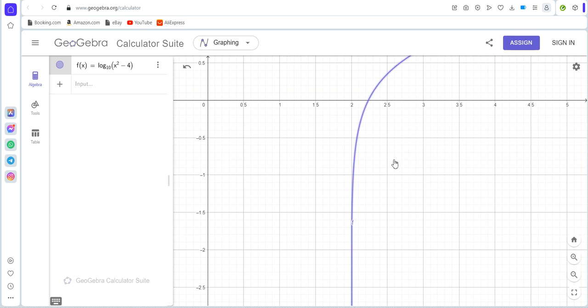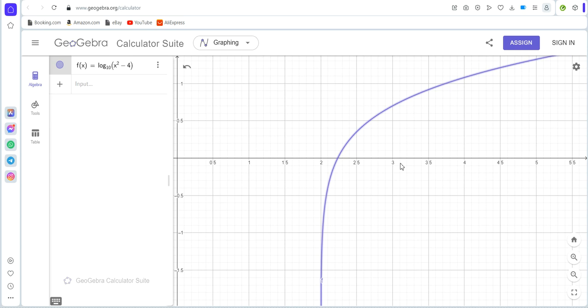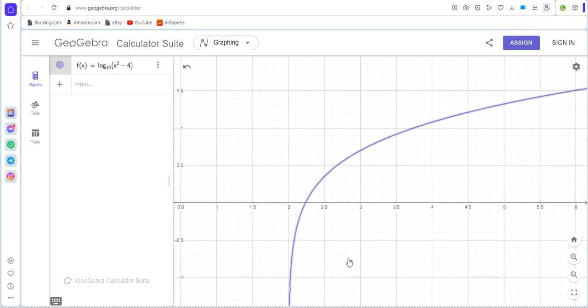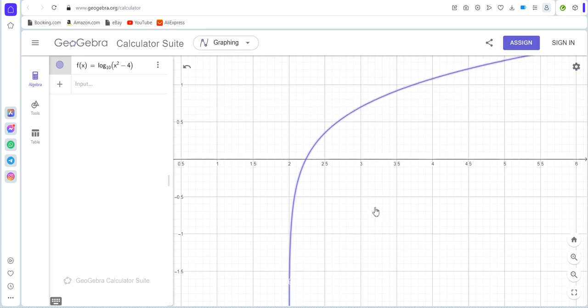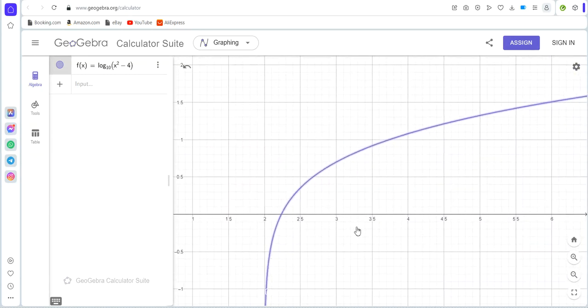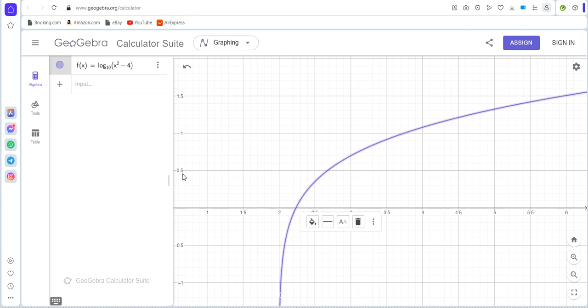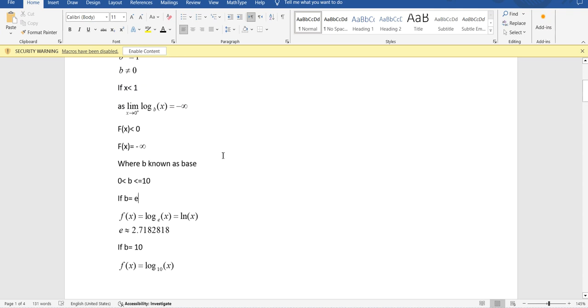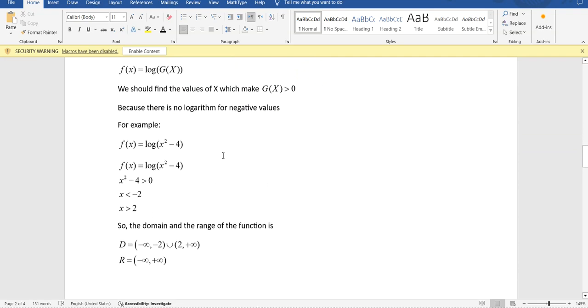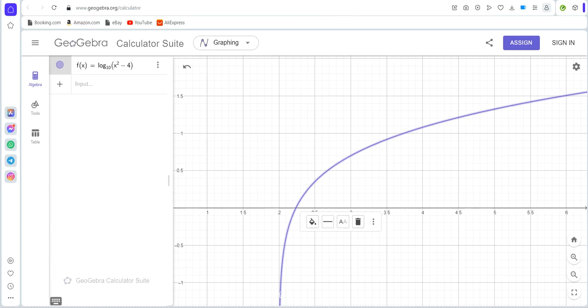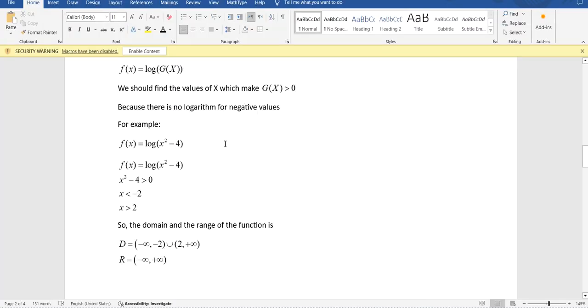As you see, the range is minus infinity to infinity, and the domain is minus infinity to minus 2 union 2 to infinity.